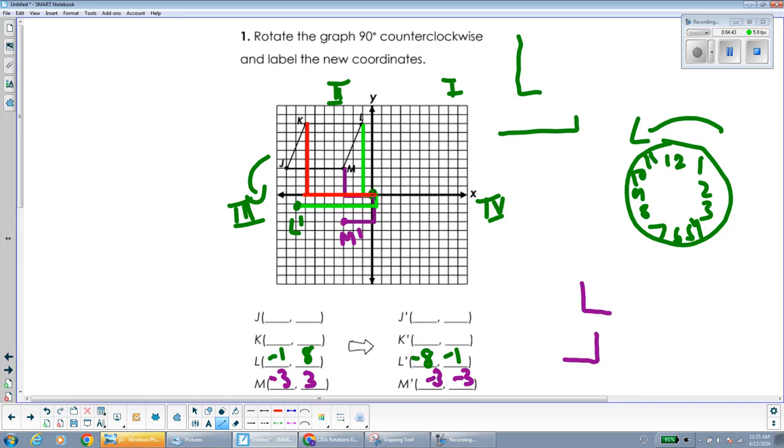Okay, so we could see that L shape. It looks like this, like a right side up L. And if we rotate it 90 degrees counterclockwise, it looks like this. It goes on its side. So this is 1, 2, 3, 4, 5, 6, 7, 8. 1, 2, 3, 4, 5, 6, 7.